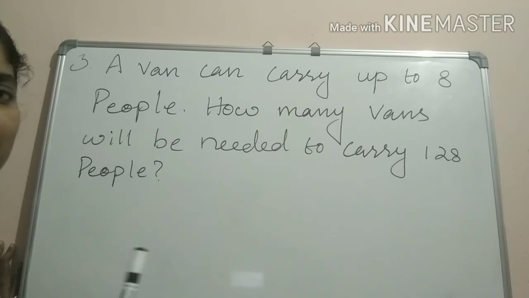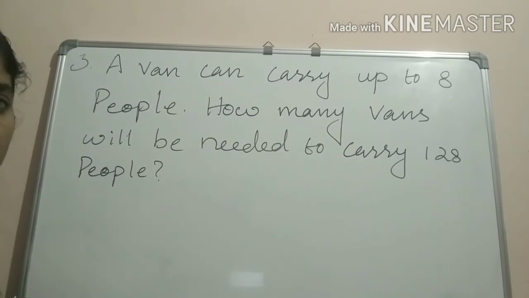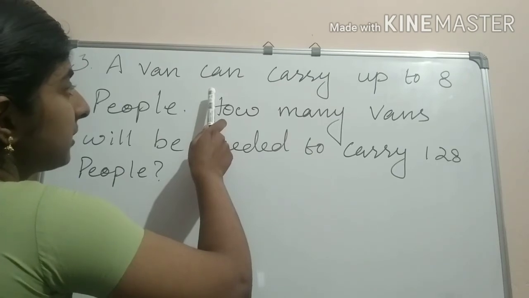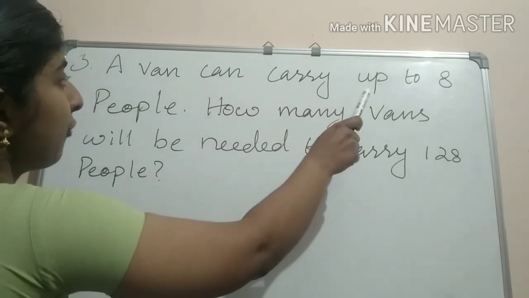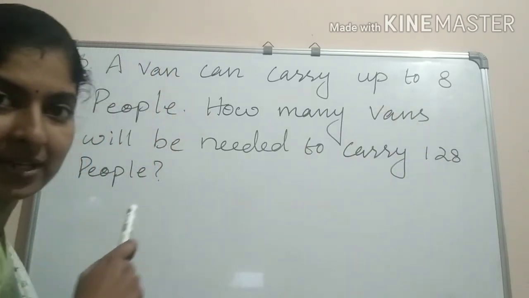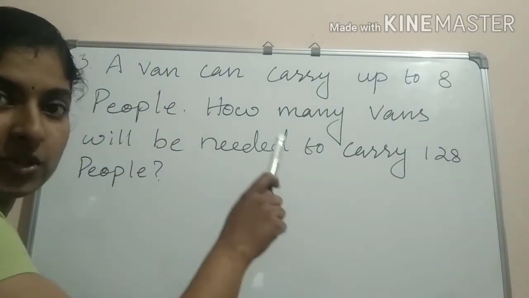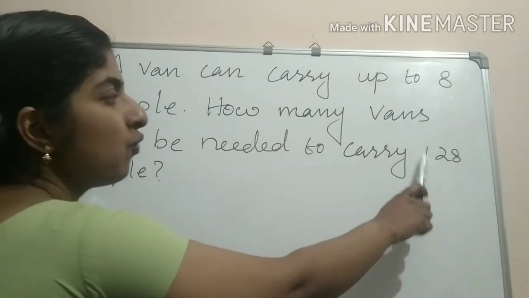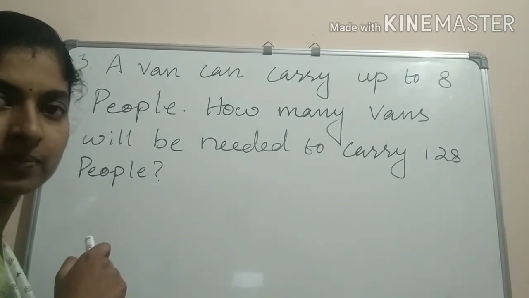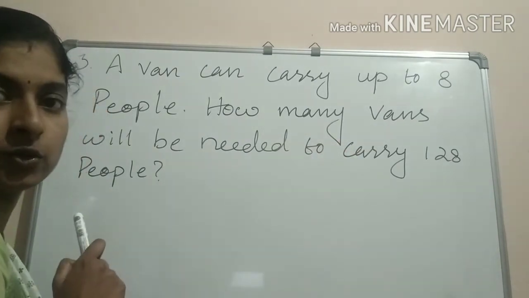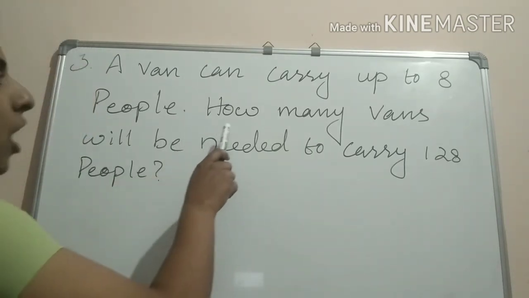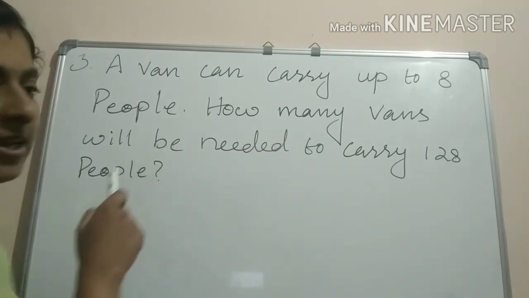Okay, here also it is a division. How to write the steps? What is given? The number of people in a van is equal to 8, that is given. Then the total number of people is equal to 128. Then what we have to find is how many vans will be needed.